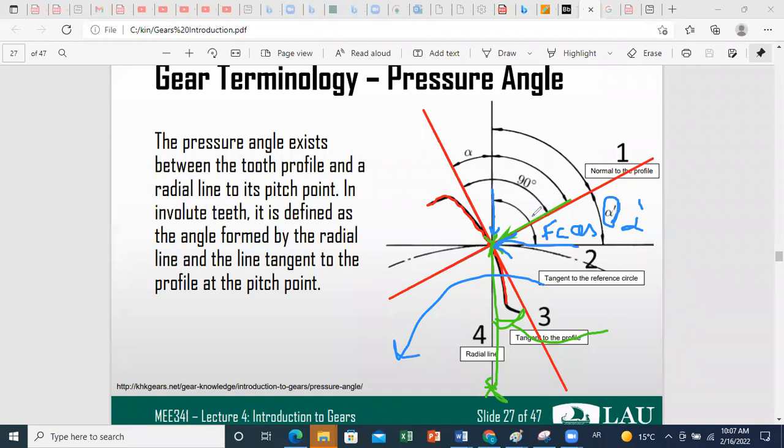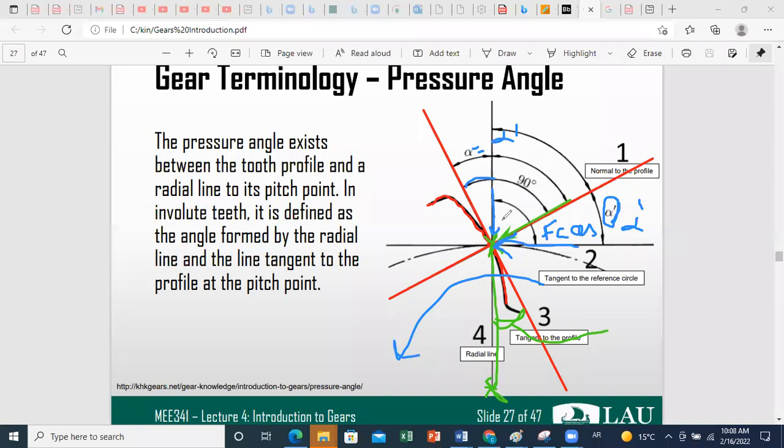So you can define the pressure angle here in two ways. You can consider it as the angle between the tangent to your pitch circle and the normal to contact between the teeth, or you can say it's equal to the angle alpha prime between the radial line and the tangent line to our involute.